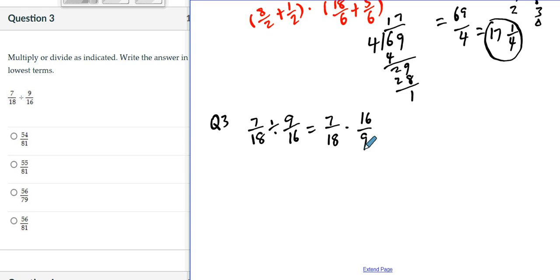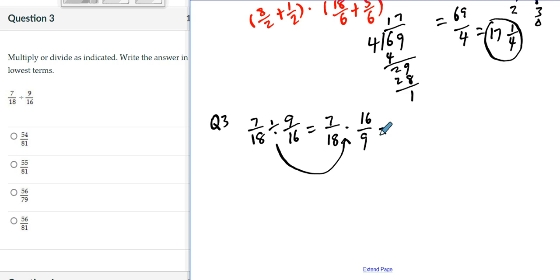Okay, so change the division to multiplication by flipping the numerator and the denominator. To ask me why, I have separate lectures. You may watch that. So that's the way we do division for fractions.